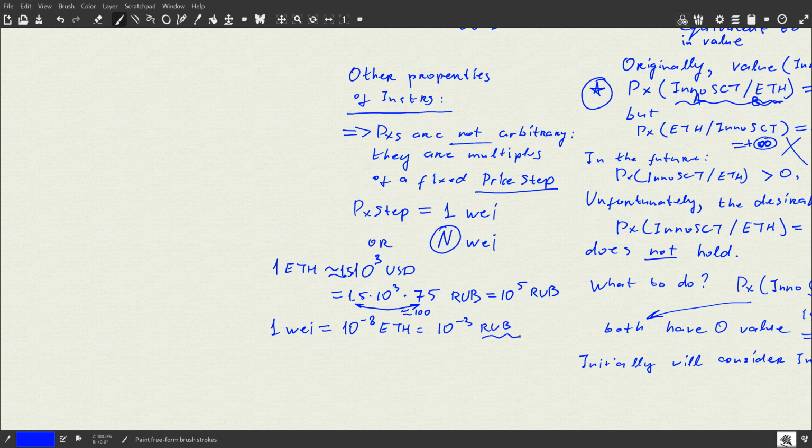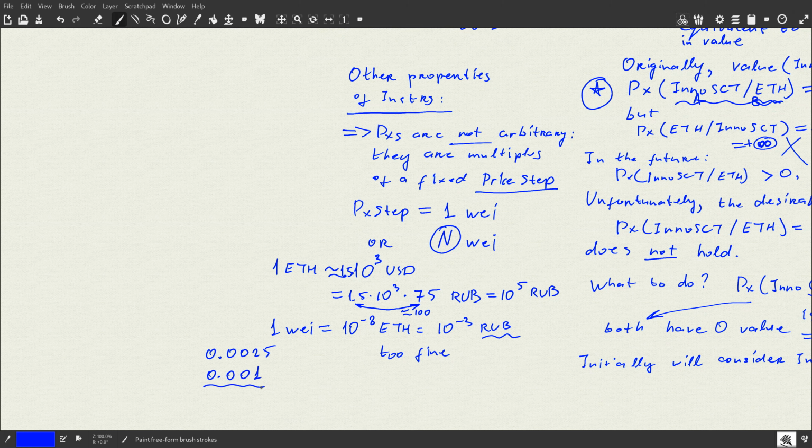This is probably too fine granularity. We probably don't need in our exchange the prices which are down to 10 to minus 3 rubles, although for USD ruble that's precisely the case. So for USD ruble the price step is 0.025. In our case, one wei would be 0.01.